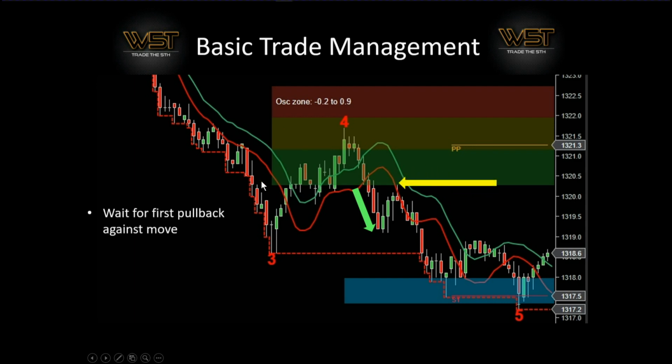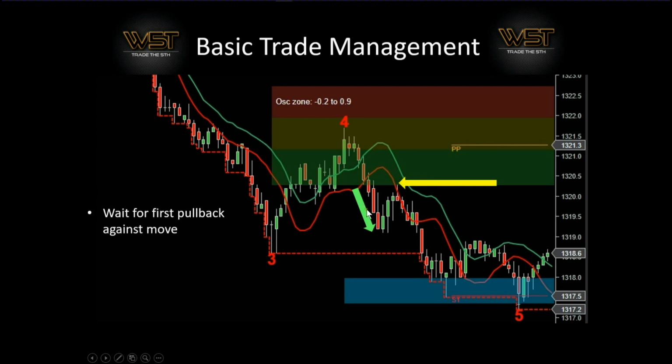Now one of the trade management strategies that we use: in a short we're looking for lower resistance levels, in a long we are looking for higher support levels. In this case we're waiting for that first pullback against the move, and that's where this yellow arrow is now.